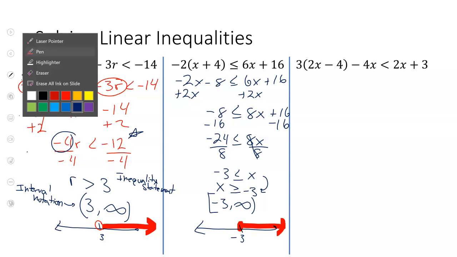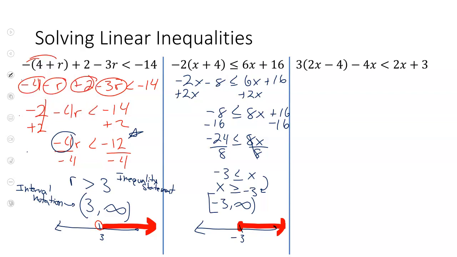Now, it wouldn't be much fun if we didn't have special cases for our inequalities like we do with our equations. All right? So we go to solve. Distributive property. Combine like terms.